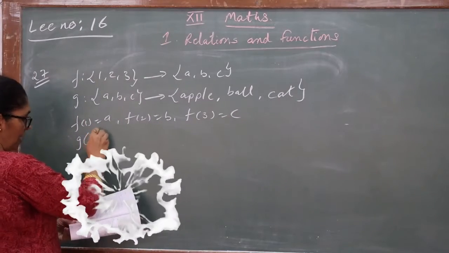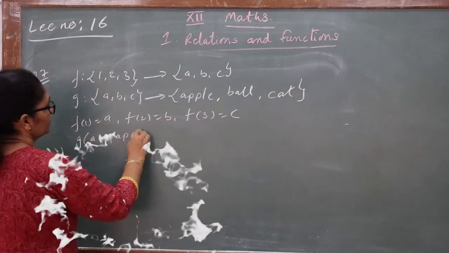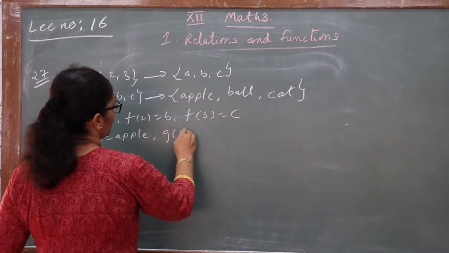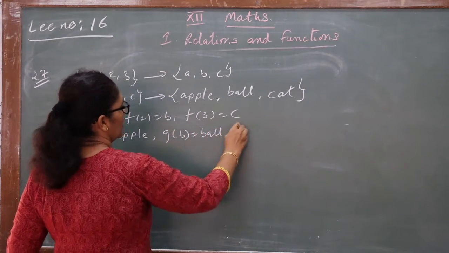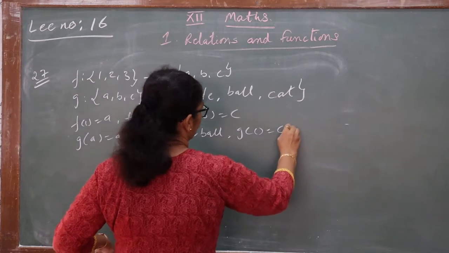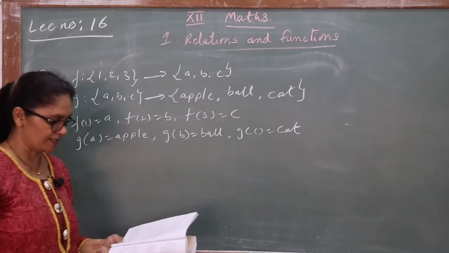Similarly, g(a) = apple, g(b) = ball, and g(c) = cat. This way the function is mentioned.